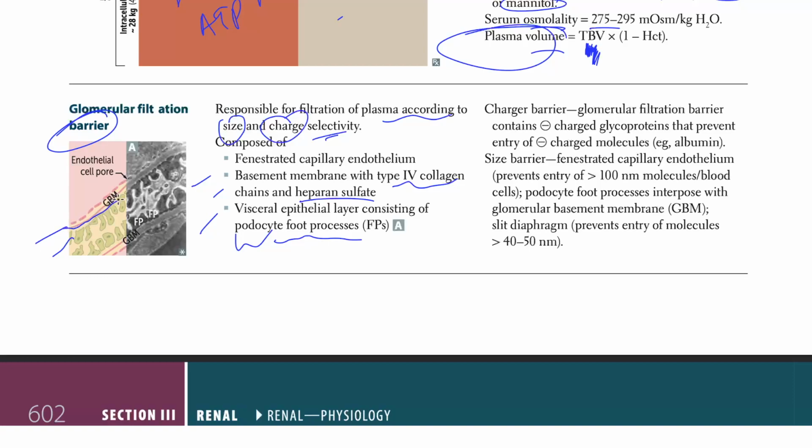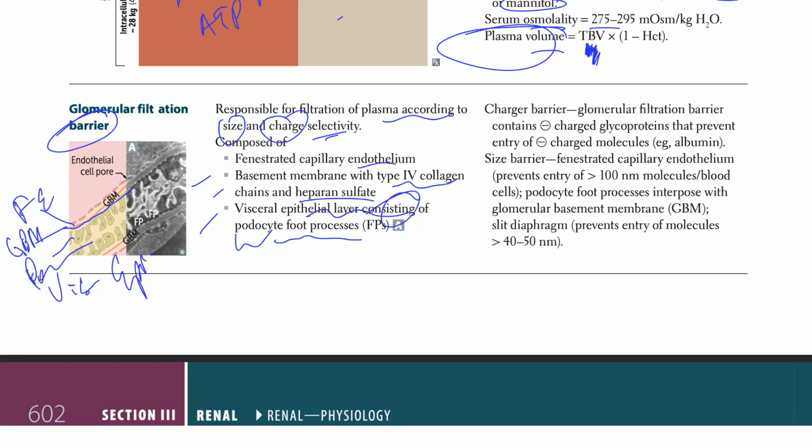So we have the podocytes, the glomerular basal membrane, and the third thing is the fenestrated endothelium, my bad. And the podocytes are also what we can call the visceral epithelial layer, because the visceral epithelial layer consists of podocytes. Okay.